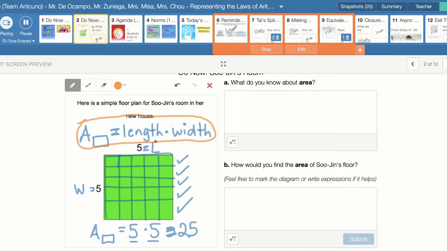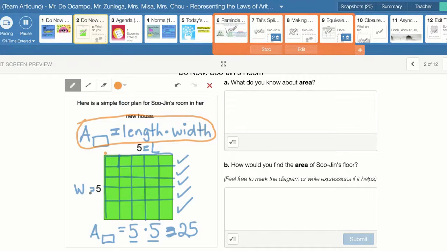So one of the first examples to look at is this 5 by 5 square. And by the way, a square is just a special type of rectangle. Now, let's think about this a little bit. Now, 5 is called the length. That's why I said 5 equals L, because 5 is our length. And over here, 5 is our width.